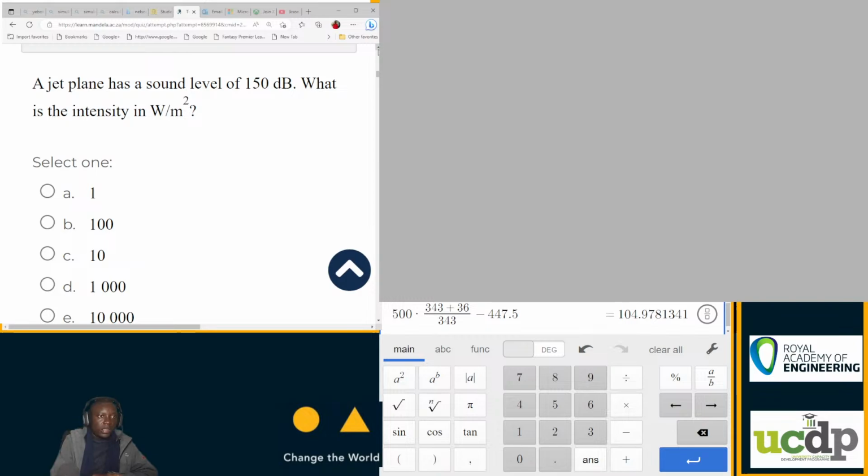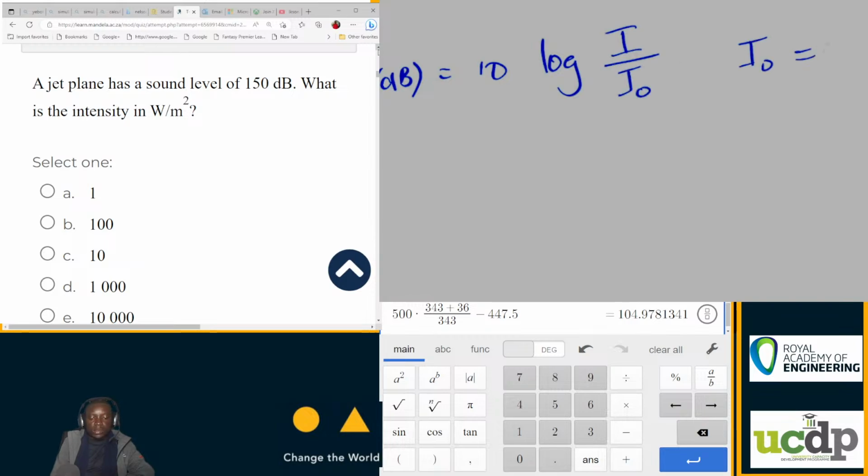So we can say the sound level in dB is related to intensity in watts per meter squared by the equation: beta in decibels is equal to 10 log intensity over I naught, where I naught is equal to 1 times 10 to the minus 12 watts per meter squared.